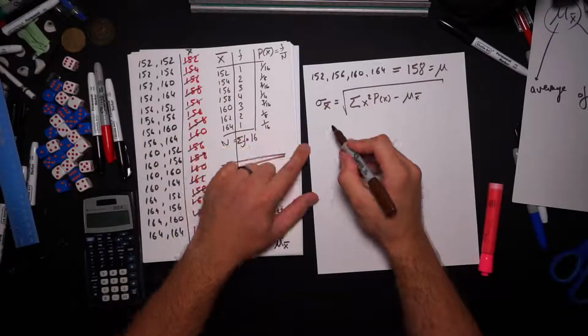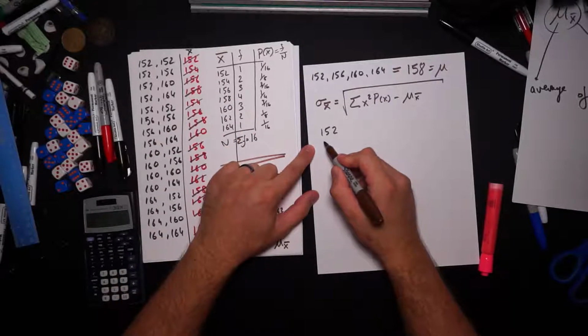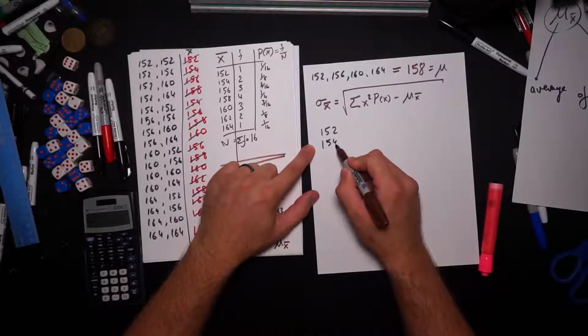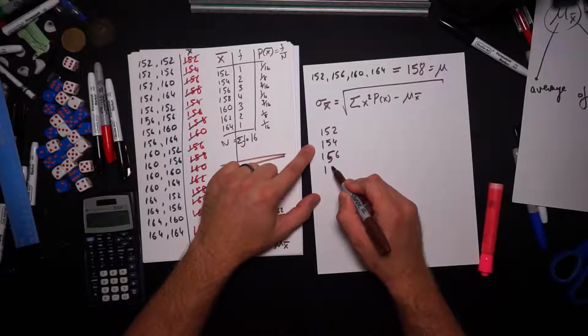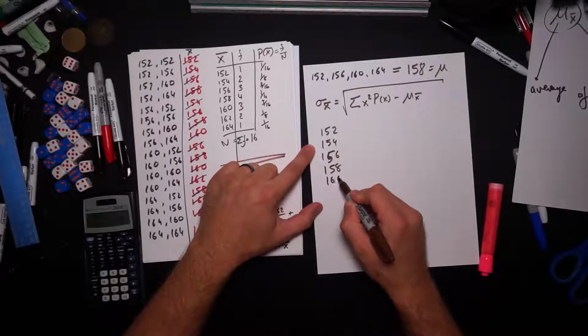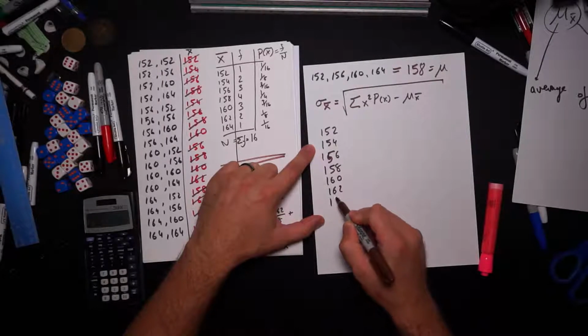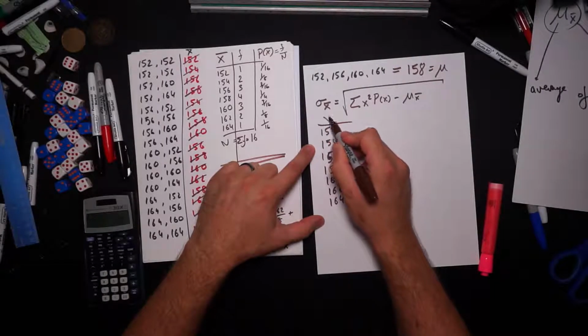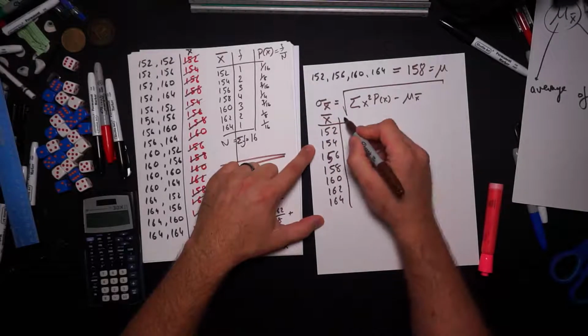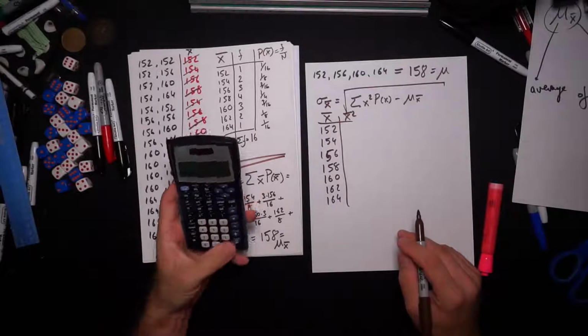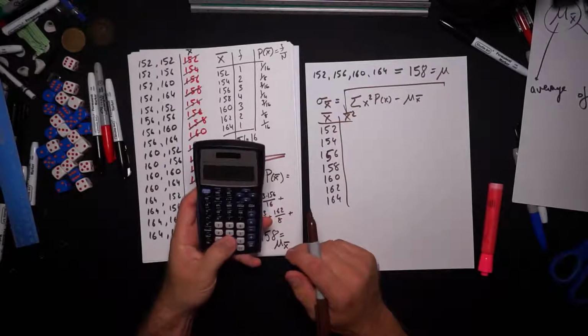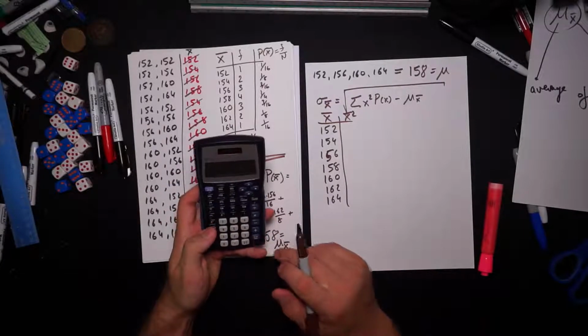So, 152, 154, 156, 158, 160, 162, 164. So I got myself the column x. So I'm going to get myself a column x bar squared, and 152 squared.